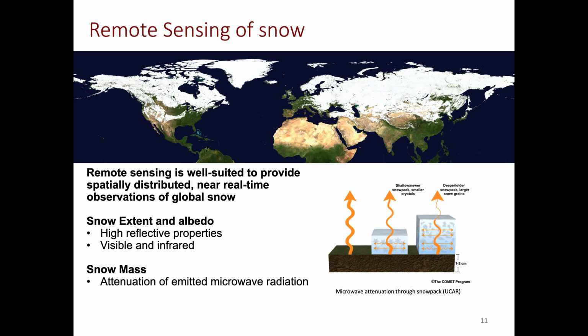We can also use visible and infrared wavelengths to estimate snow albedo, or the fraction of the energy reflected by the snow, which we'll talk a little bit about today and more in one of the next lectures. Snow mass, or SWE, can be estimated from satellites using different longer wave electromagnetic radiation that is emitted from the Earth.